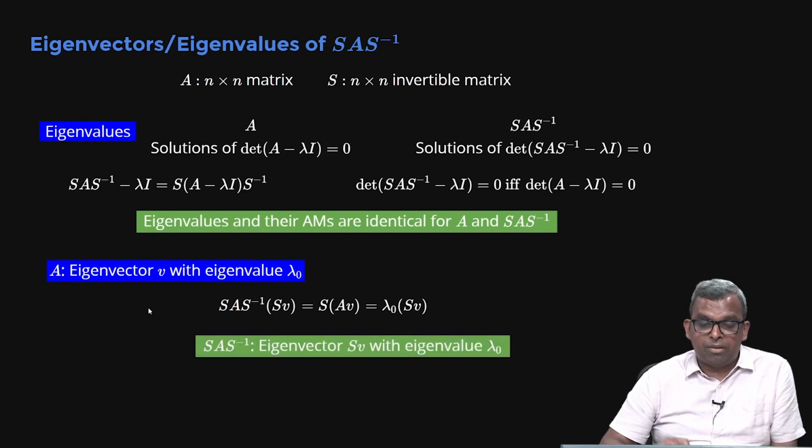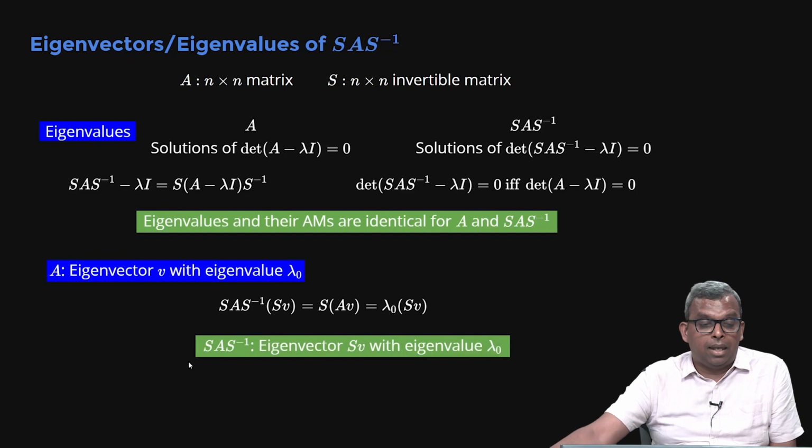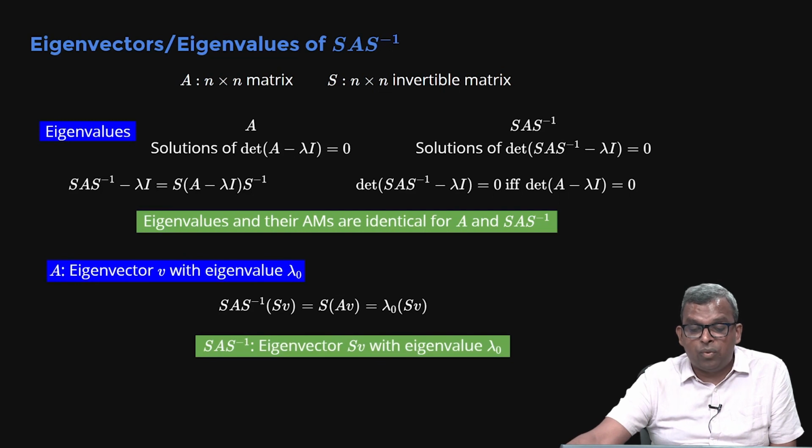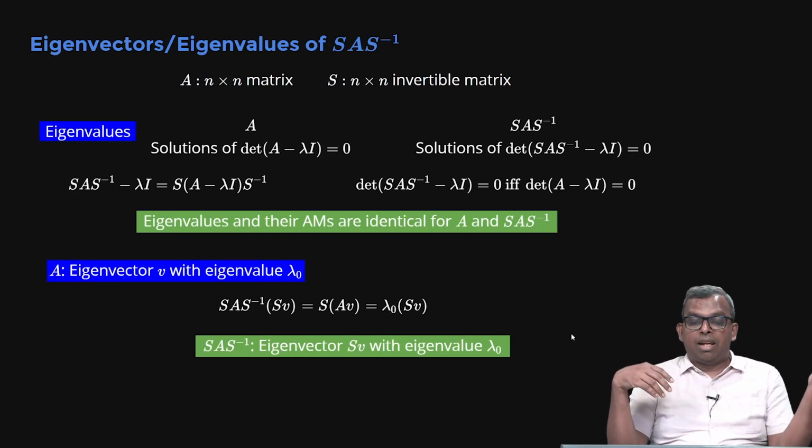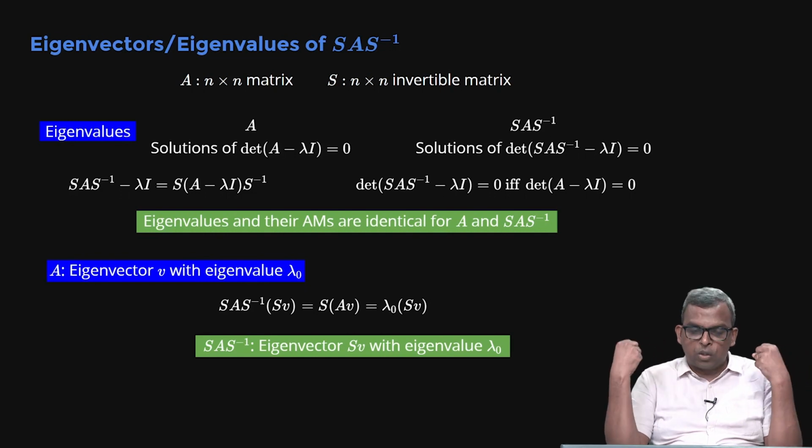So we conclude that if you have an eigenvector V with eigenvalue lambda naught for A, S A S inverse has an eigenvector S V with eigenvalue lambda naught. This means every eigenvector, when multiplied by S, gives an eigenvector for S A S inverse. So the geometric multiplicities are also the same.